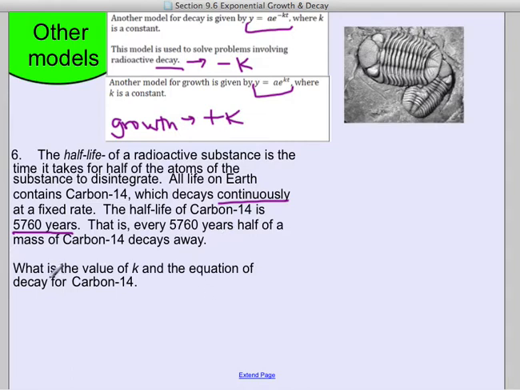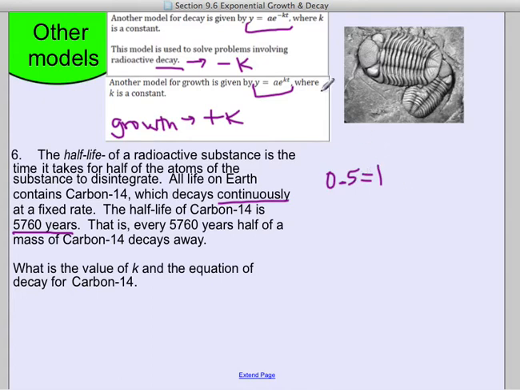So it wants to know what is the value of k and the equation of decay for carbon-14. We're talking about a half-life. Let's just say that we're going to start with 1. If I have one item and I am talking about a half-life, I will only have half of it left.